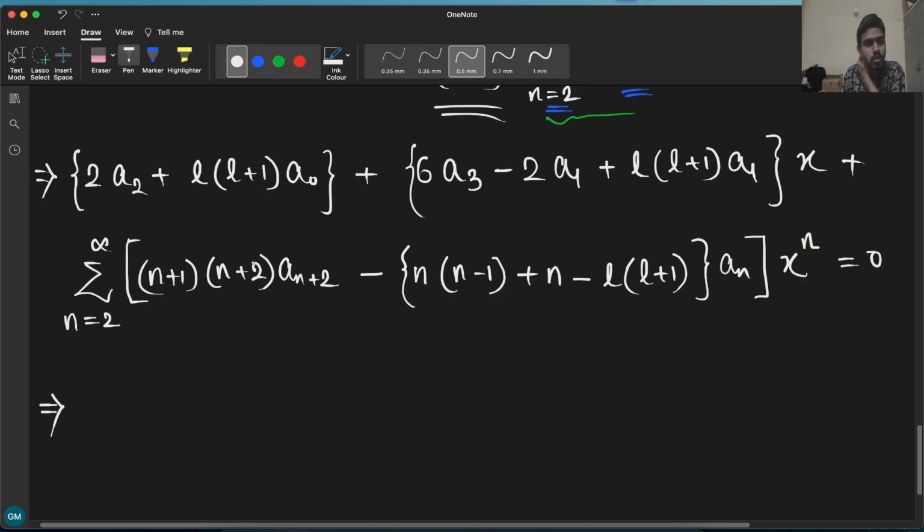Okay, let me simplify it. The first two terms I'm writing as they are.